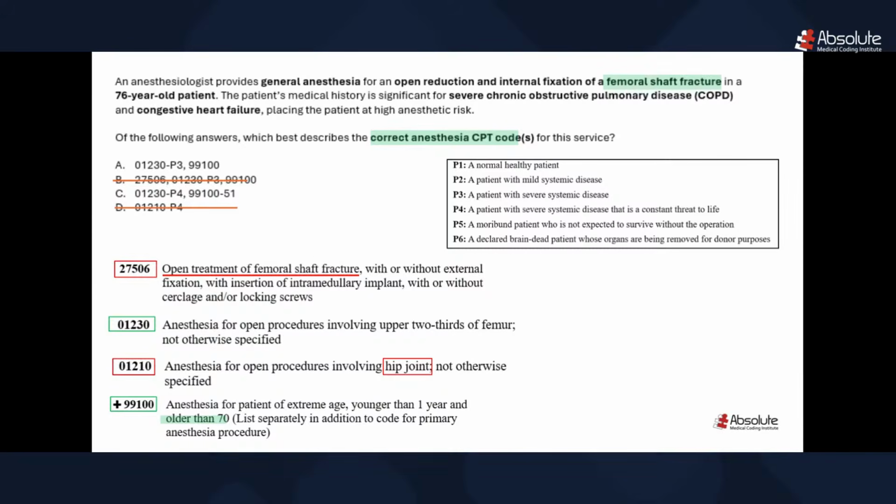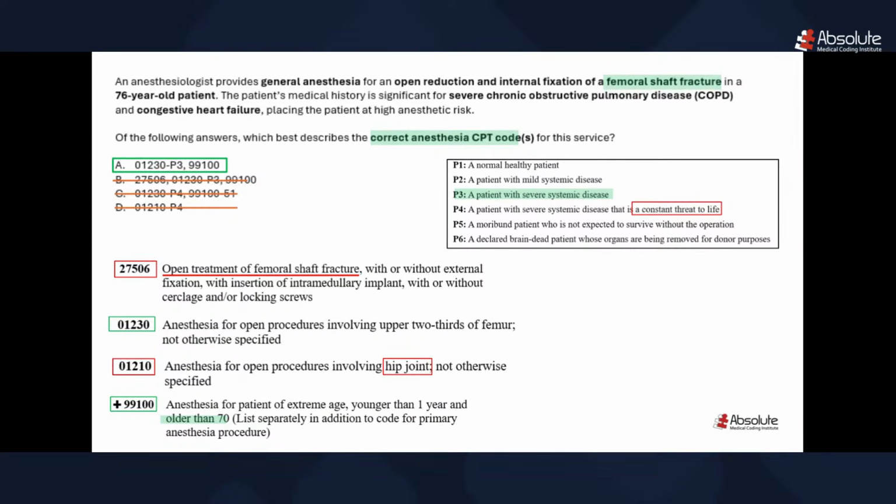P3 is for a patient with severe systemic disease, while P4 is for a patient with severe systemic disease that is a constant threat to life. There was no mention of a constant threat to life here. Yes, the patient was at high anesthesia risk. The patient had severe systemic disease, but it's not clearly mentioned whether it's a constant threat to life, right? So that makes option C incorrect, and option A is going to be the correct answer.